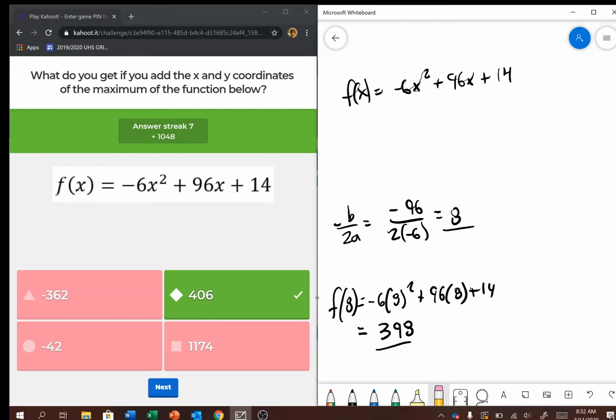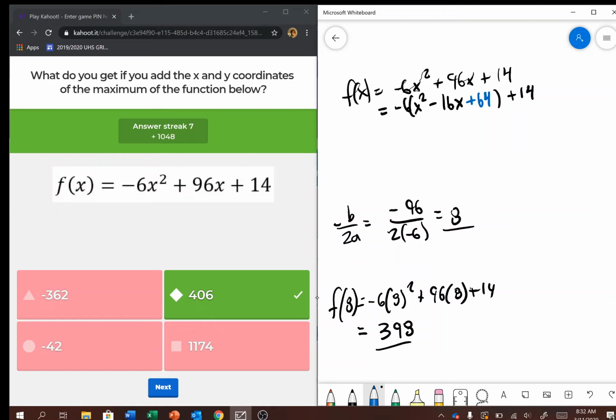The other way to do this is to complete the square. If we take the negative 6 out of the x terms, we're left with x squared minus 16x, and then there's the plus 14 out here. To make a perfect square trinomial on the inside, I look at negative 16 divided by 2, which is negative 8, squared is 64, so I add 64.